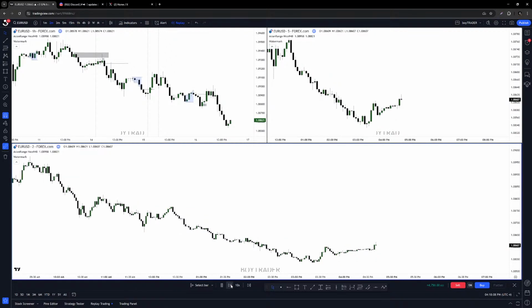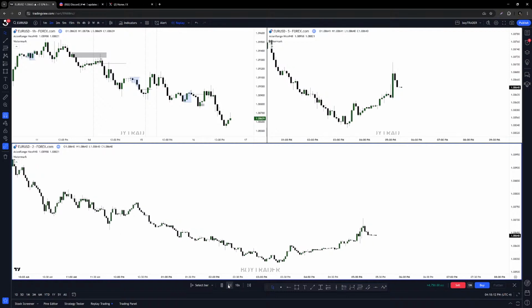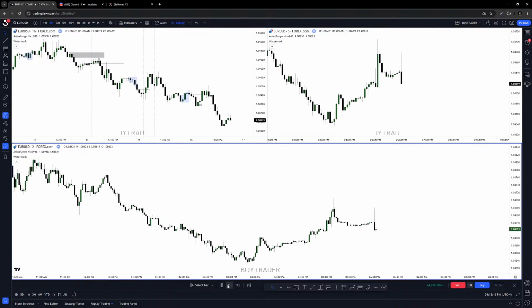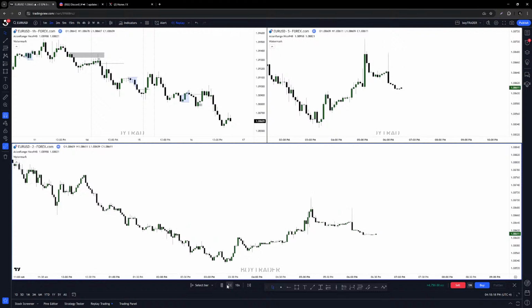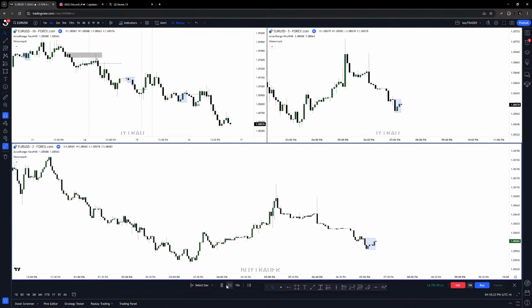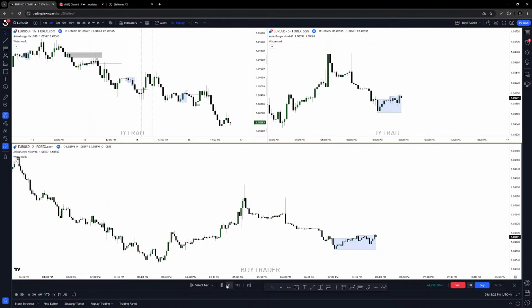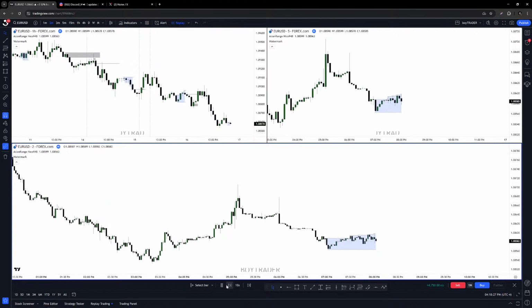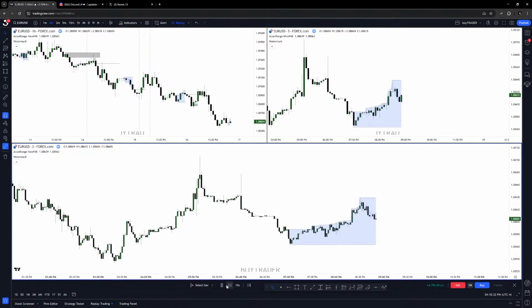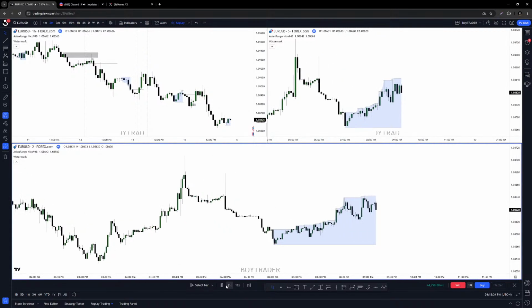All right, there we have the Asia range is printing. As I said, ignore the monetary value.